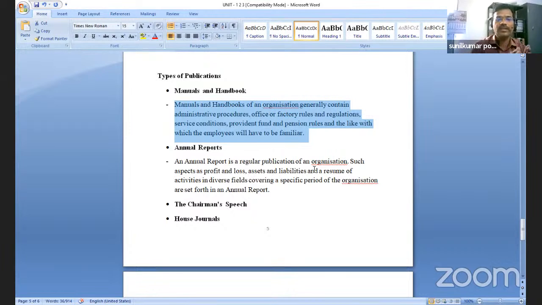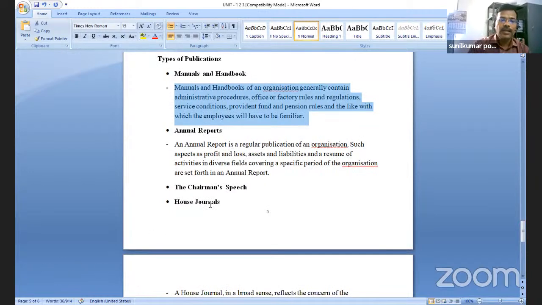All this comes under manuals and handbooks. Another publication is annual reports. Every organization has an annual report. Some may maintain the financial year, like April to March.